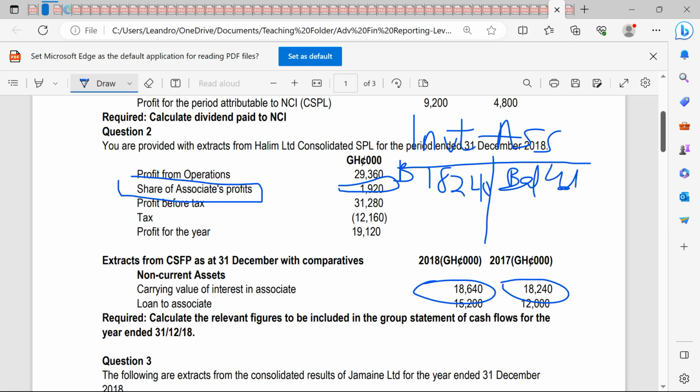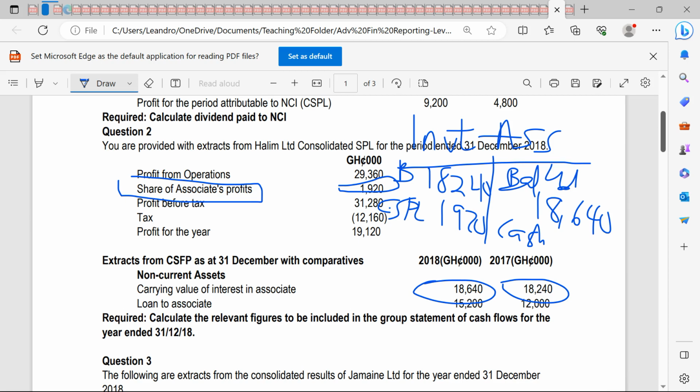Your balance carried down then will be 18,640. Then the share of associate profit, remember we add it. So you debit share of associate profit. This is from the consolidated statement of profit or loss, share of associate profit, which is 1,920. And once you do that, you have your cash, which will be an inflow.